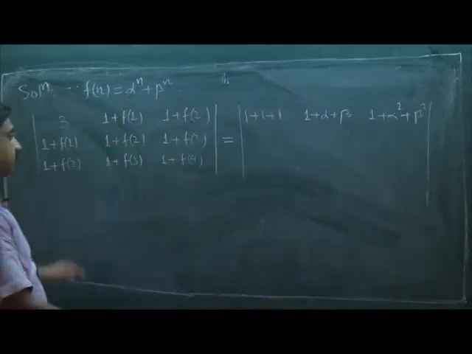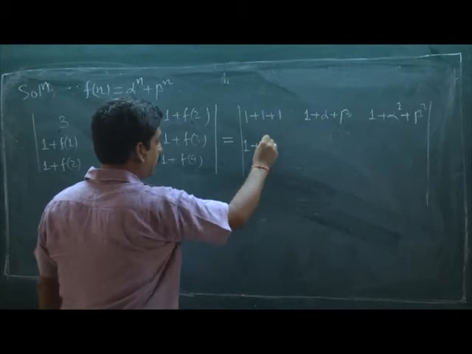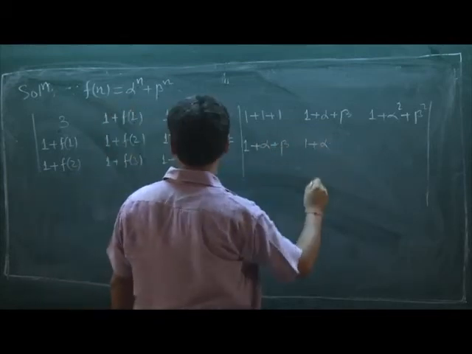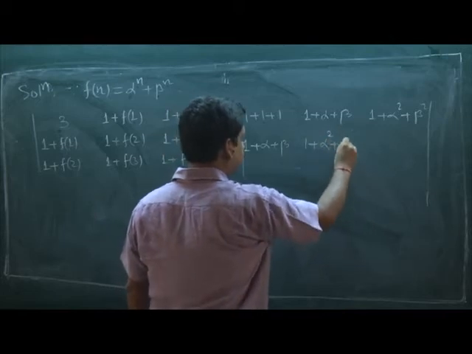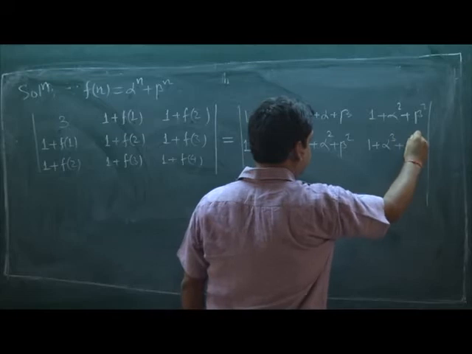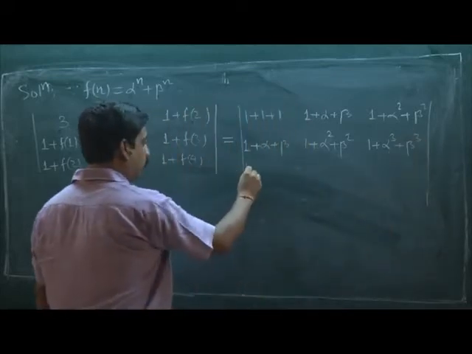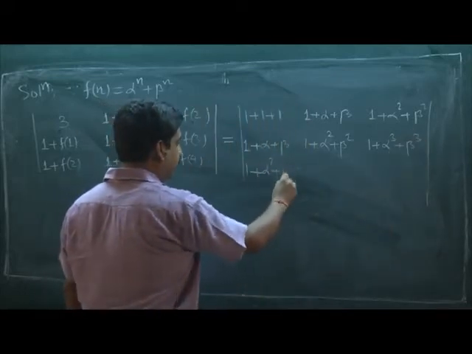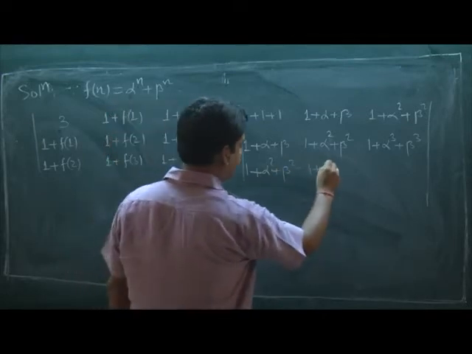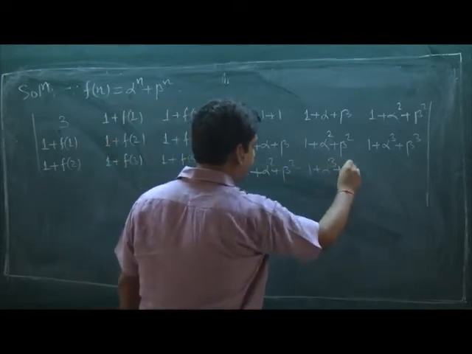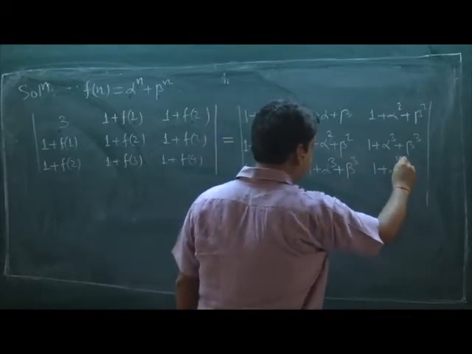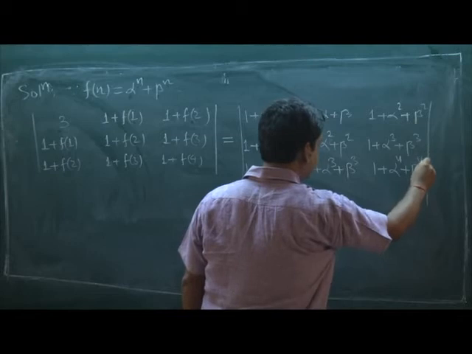Similarly, the other terms are 1 plus alpha plus beta, 1 plus alpha square plus beta square, 1 plus alpha cube plus beta cube, 1 plus alpha square plus beta square, 1 plus alpha cube plus beta cube, and 1 plus alpha to the power 4 plus beta to the power 4.